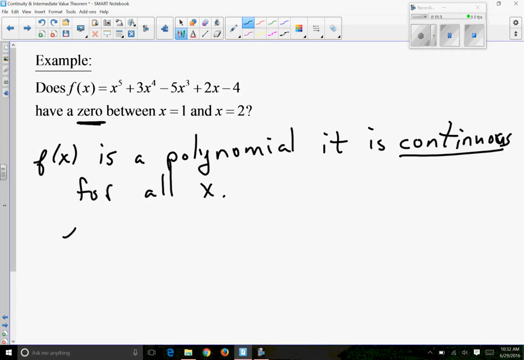Then, since f of 1 would be 1 to the 5th plus 3 times 1 to the 4th minus 5 times 1 to the 3rd plus 2 times 1 minus 4, which comes out to be negative 3.